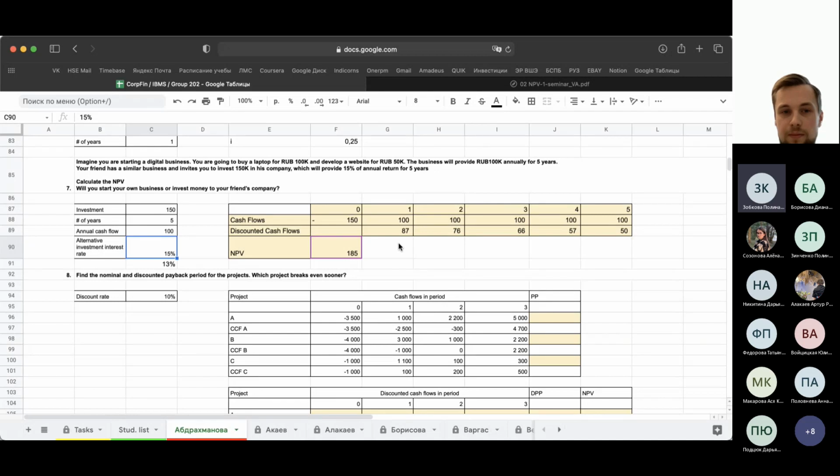Yes, thank you. So the thing that we didn't know and were searching for in this task was the alternative investment rate for starting your own business, right? In this NPV task, we make an investment decision.